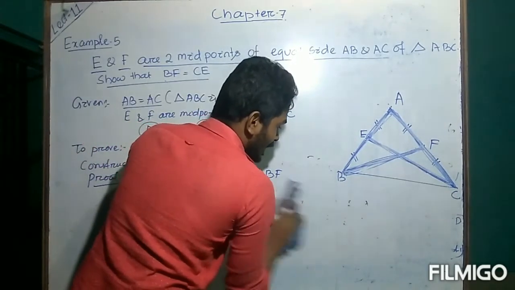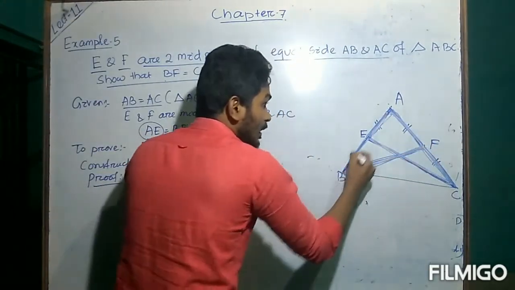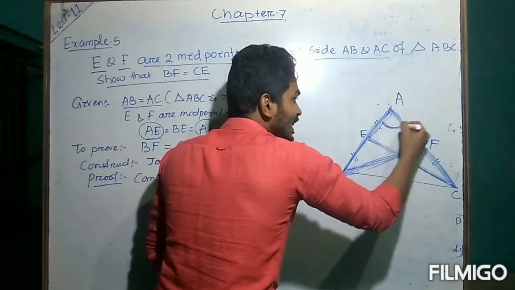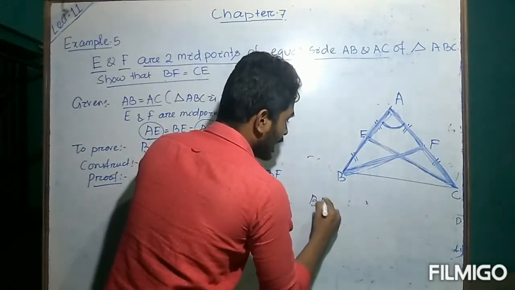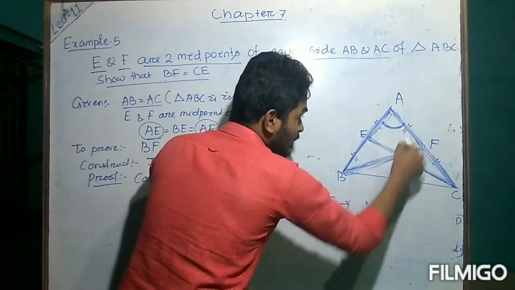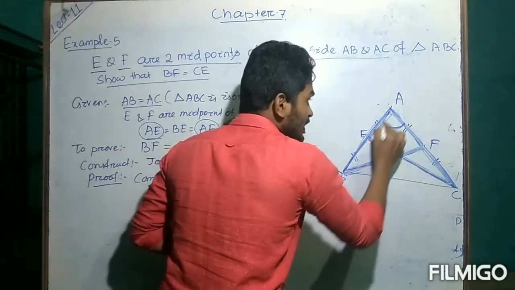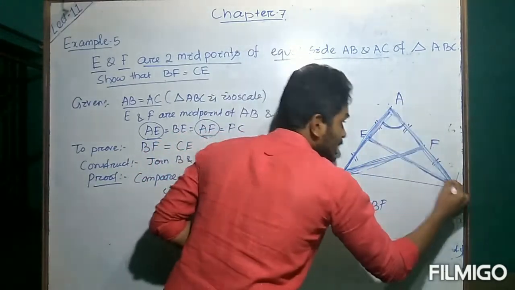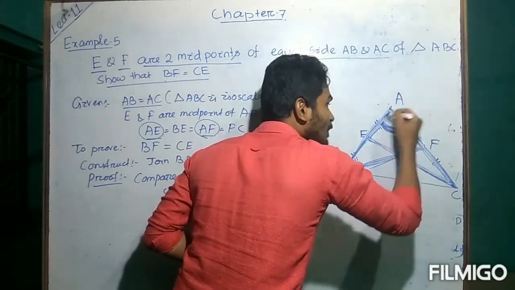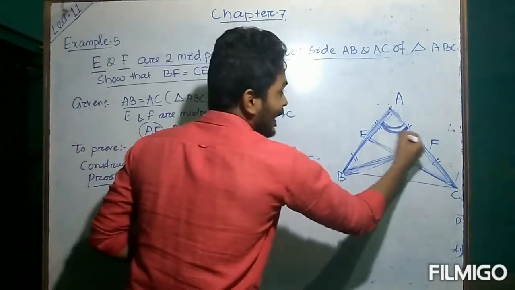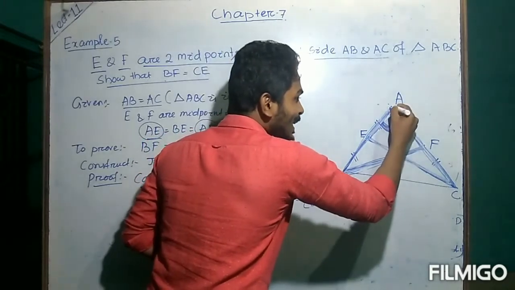Understood? Next thing. If you consider this triangle, ABF, then this is an angle. Yes or no? Yes. Which angle? That is BAF. BAF is an angle of the triangle ABF. Right? Similarly, if we consider this triangle ACE, then this is also an angle of this triangle. This is the angle A, yes or no?